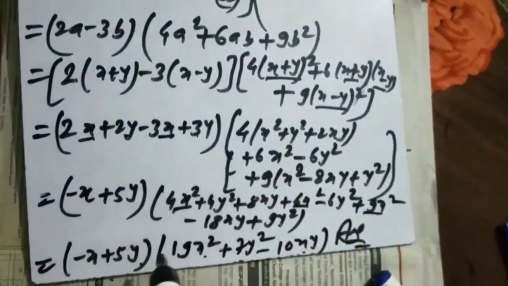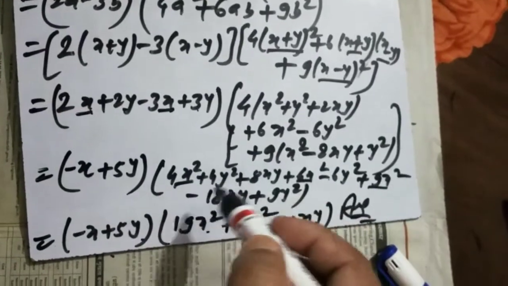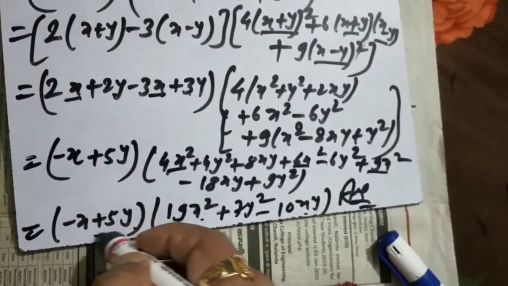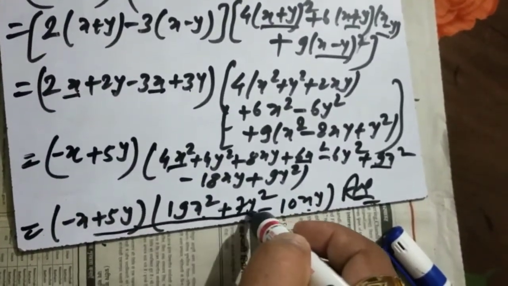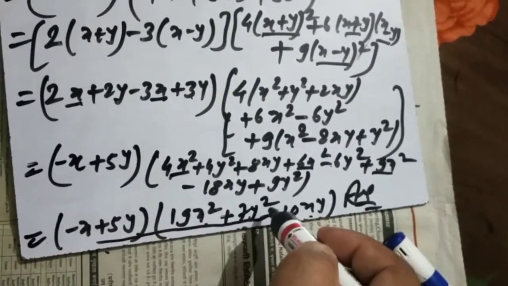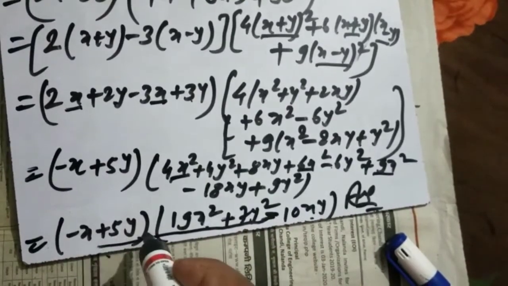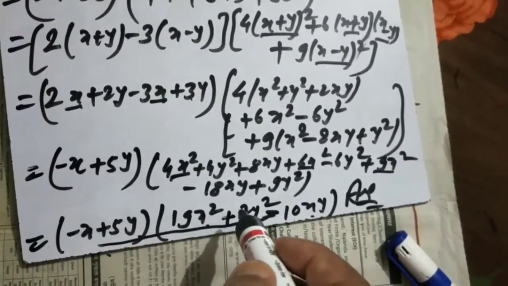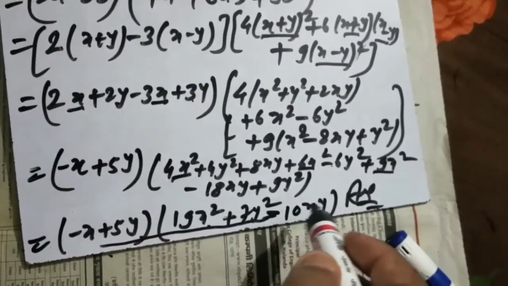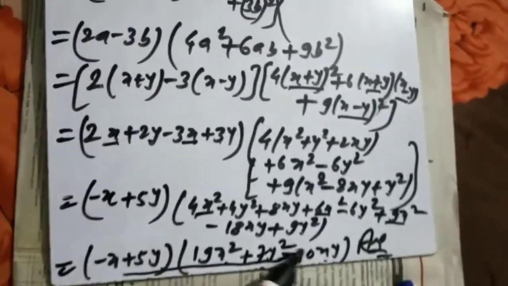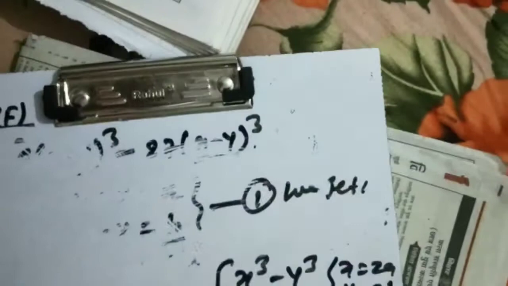After adding and subtracting the like terms, we will finally get the answer, which is equal to minus x plus 5y into 19x square plus 7y square minus 10xy. Okay, now let us see the last question of this exercise.